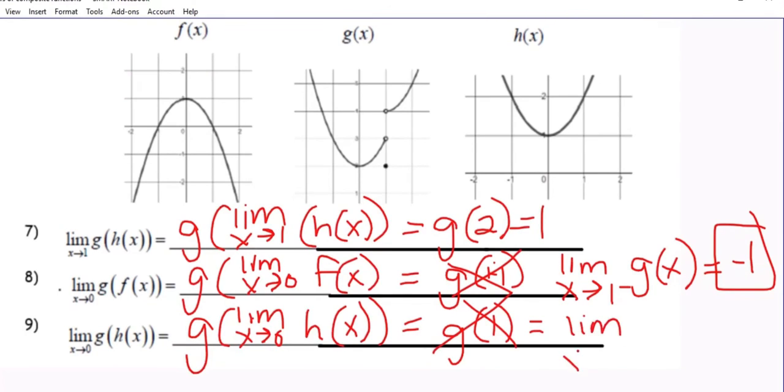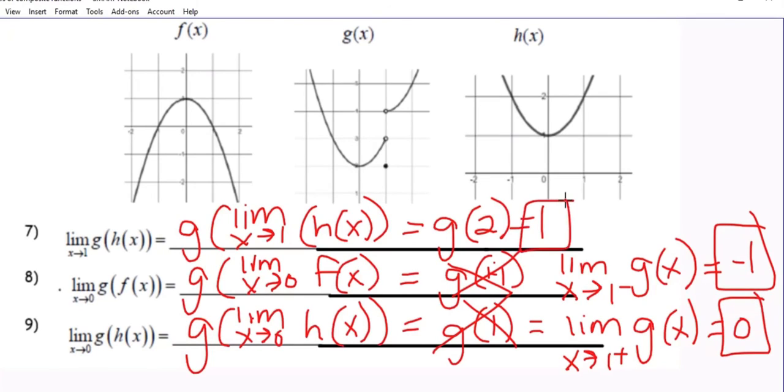So you had to rewrite that as a limit. And just check all of your answers here. I got 1 for problem number 7, -1 for problem 8, and 0 for problem 9. So we'll take questions on this during class, but hopefully you followed along and filled in your notes.